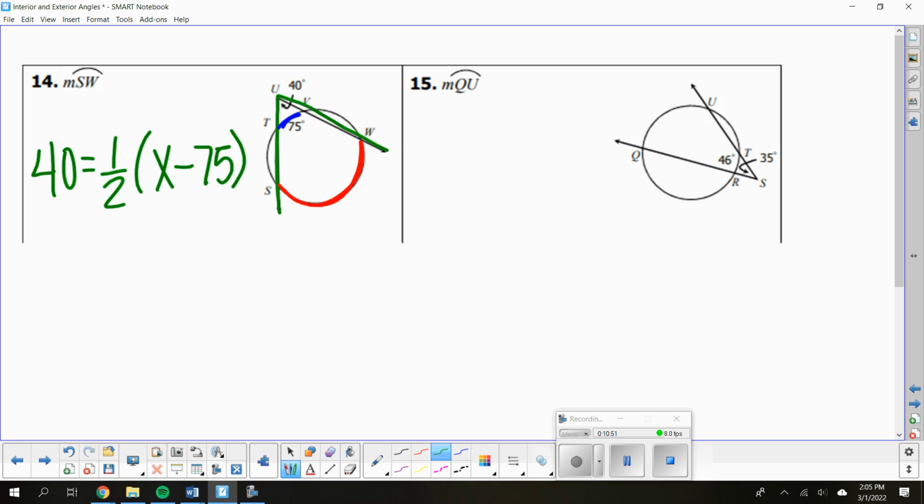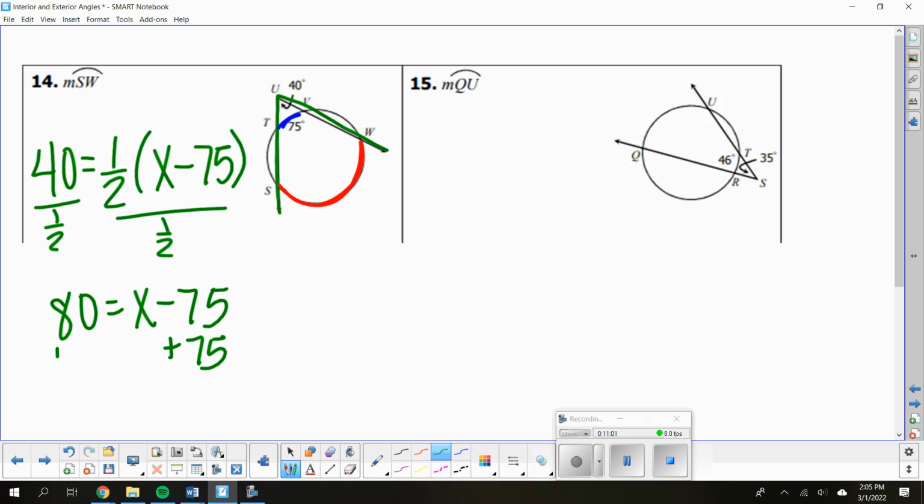So we have to do some algebra. Divide by 1/2, or multiply by 2, which would be preferred. Add your 75. So 155 is equal to that arc. Go ahead and pause the video and try number 15 on your own.